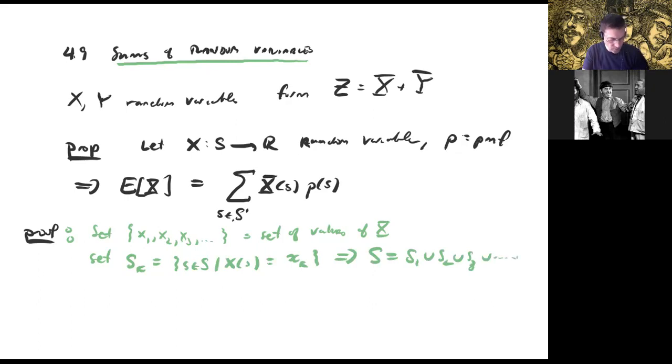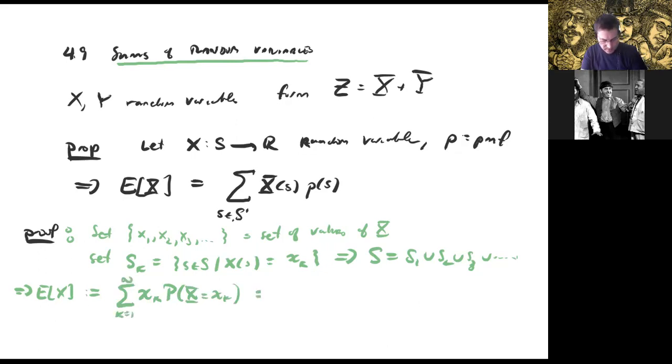Okay, so then what is the expected value of X? The expected value of X, by definition, is the sum of xk times the probability that X is equal to xk. That's how we defined it way back when, and they were summing from k equals 1 to infinity.